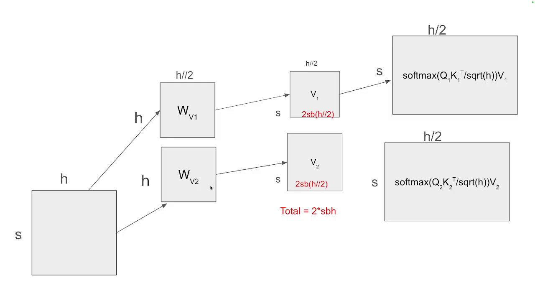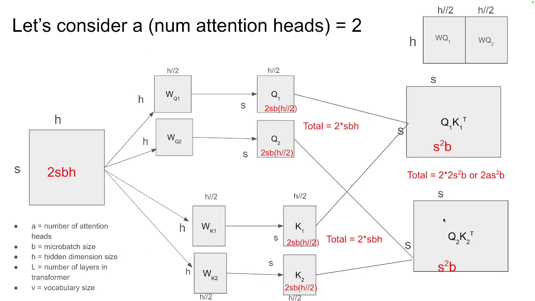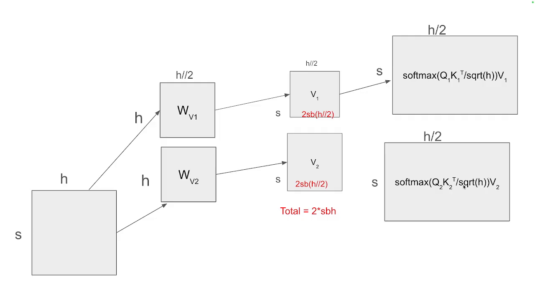And similarly for the second head, you would have something similar, and here Q2 and K2, which is an S cross S matrix, go into calculating the attention for this second head. And after that, these two matrices are combined to get back the full attention matrix, and you would have an S comma H matrix again, which is passed to the next transformer layer.